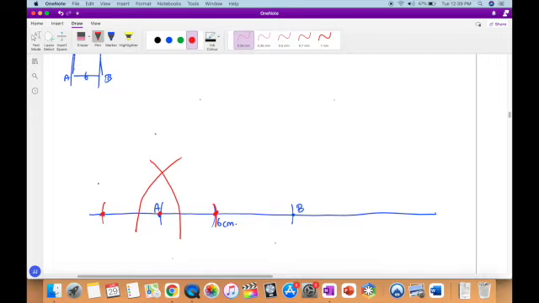And you can see that from the point A to this point here, I will get 90 degrees. And what I'll do is just draw a straight line going straight through, in order to get that. And I will repeat the process on this side. So from the point A, I will put a mark here and a mark here.